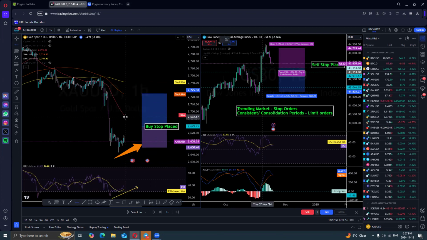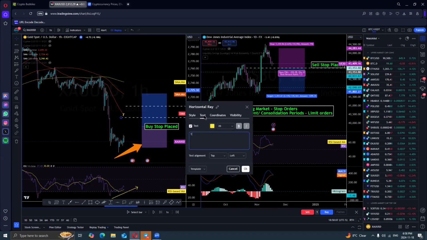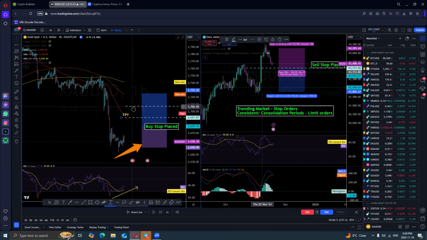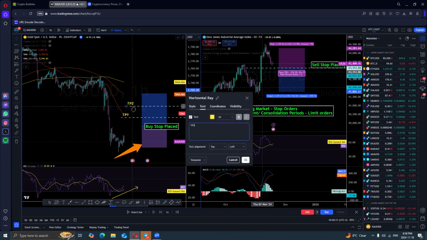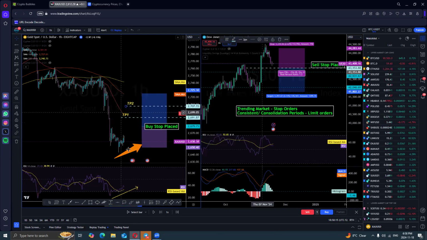So take profit number 1 is going to be the previous high right here. Okay. So that is 26,090. And then the next take profit, so TP2, this is TP1, TP2, and then we're gonna place a TP3.